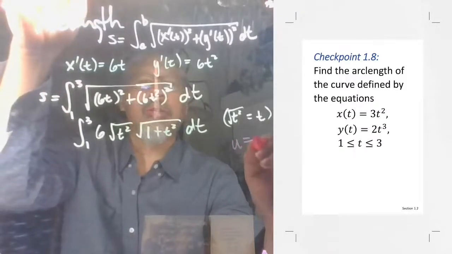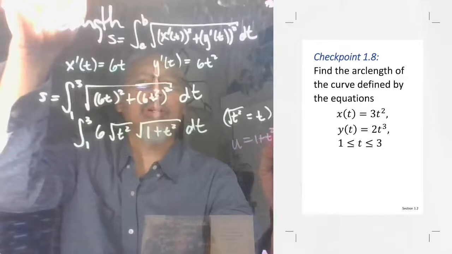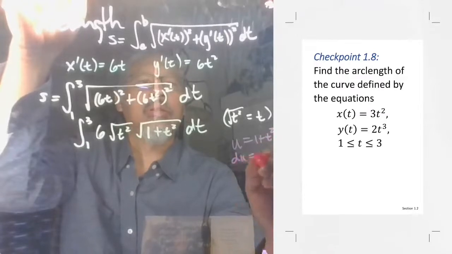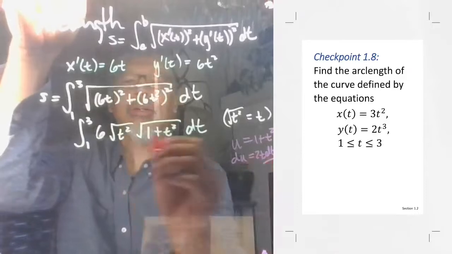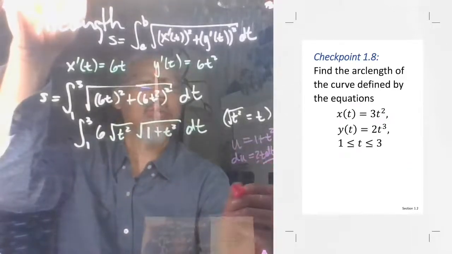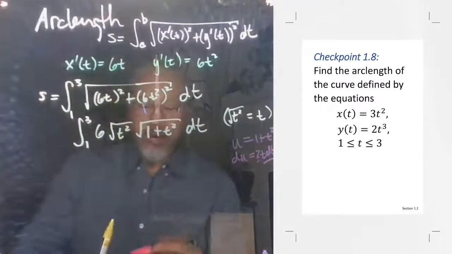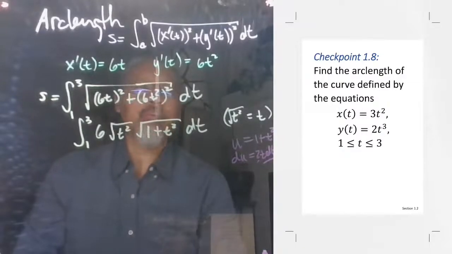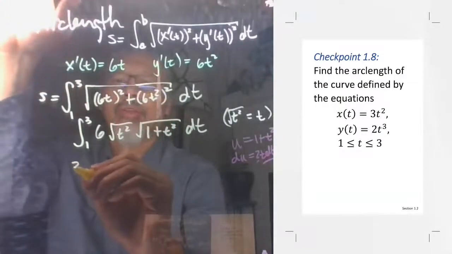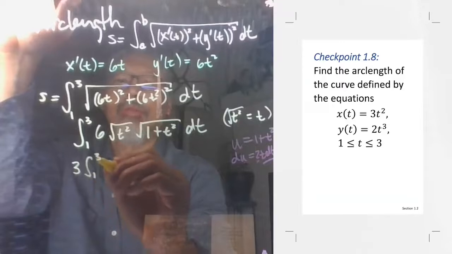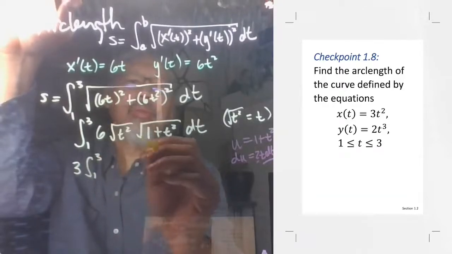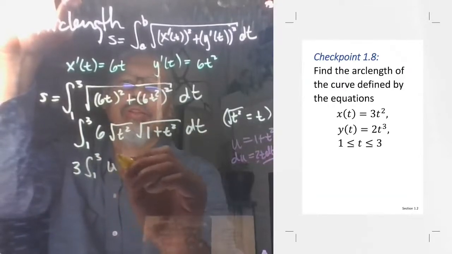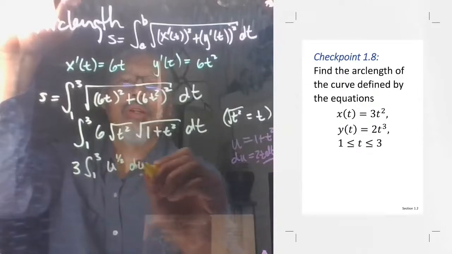U is equal to 1 plus t squared. du is equal to 2t dt. And the t dt will go away. And there's a 2 here that'll take half of 6. So we'll have a 3, integral from 1 to 3 of, everything got cleared out, this is just u to the 1/2 du.